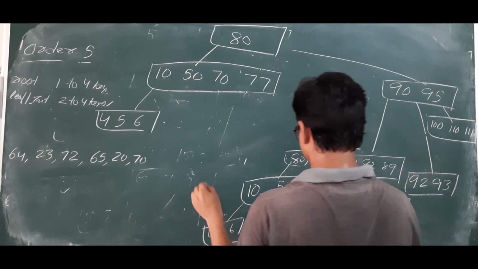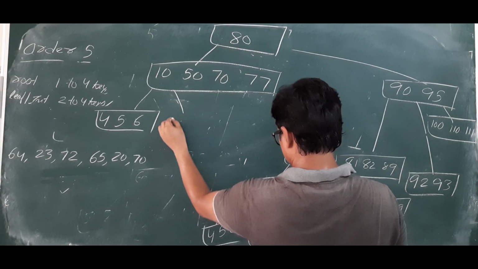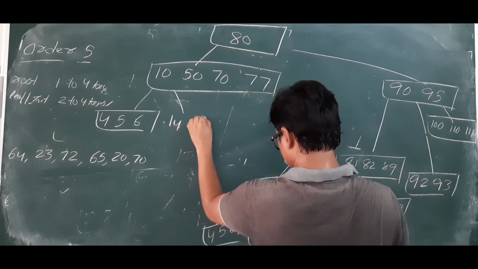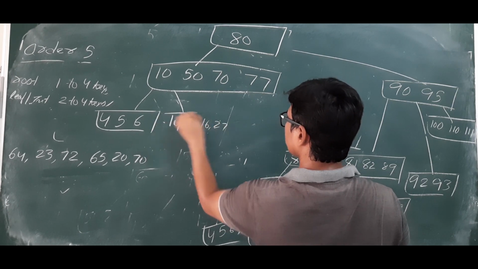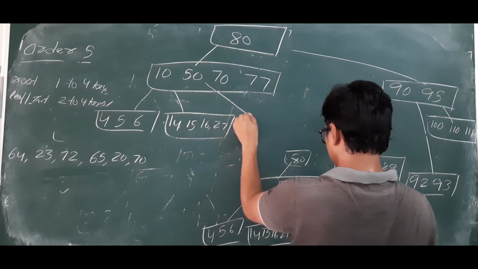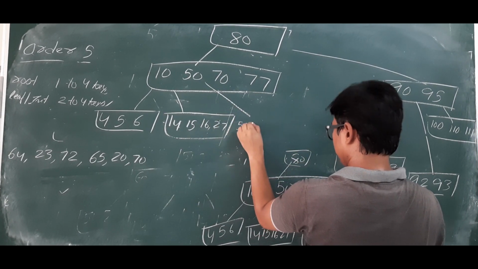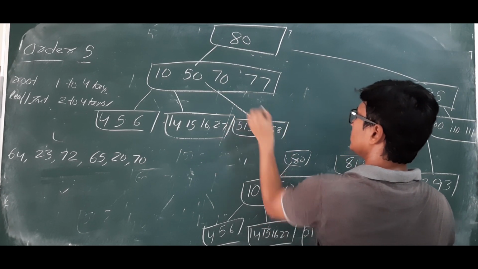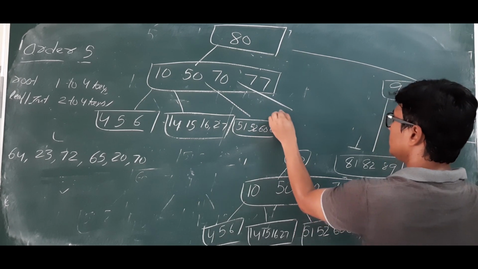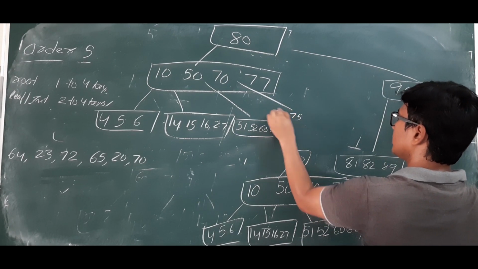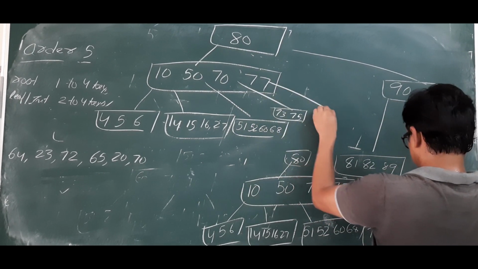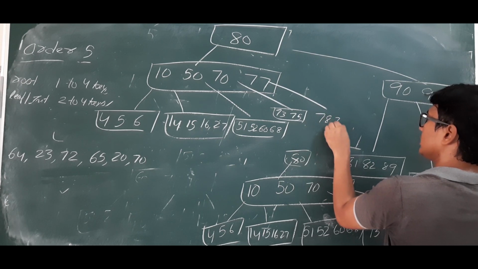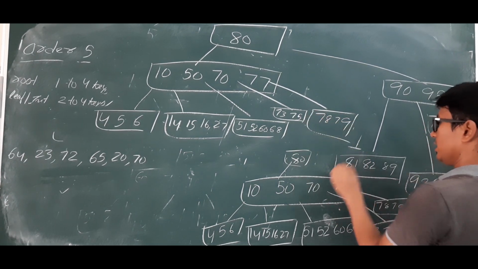Then you will have 14, 15, 16, 27. To the right of 50, 51, 52, 60, 68 is there. To the right of 70 you have 73, 75, and 78, 79. This one I am erasing.